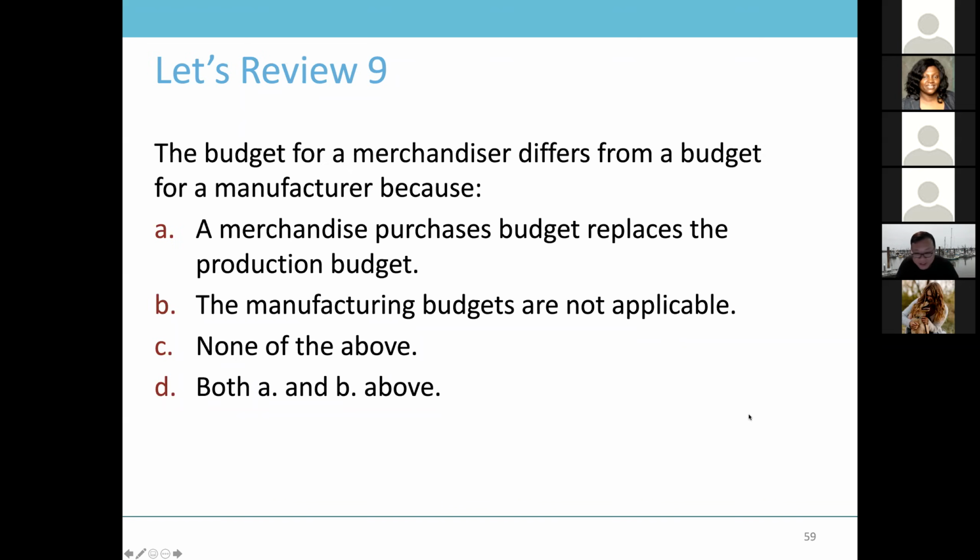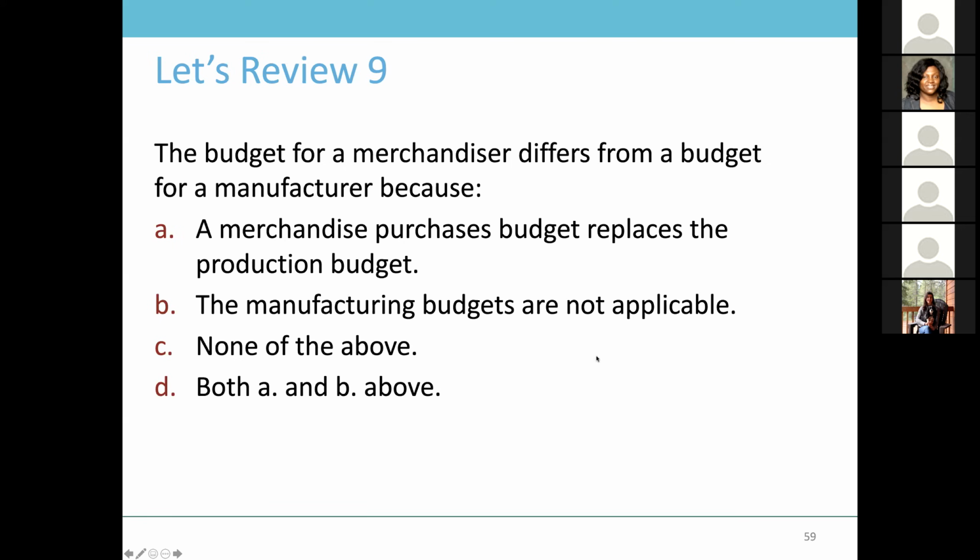I'll say D. Okay, Patricia answered. Tosin, D as well. Maddie, I'm going to say D because I don't think A or B is correct. Okay, Hussein, I'm thinking about B, because manufacturing budgets are not.